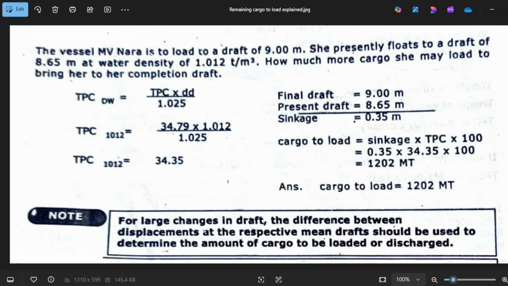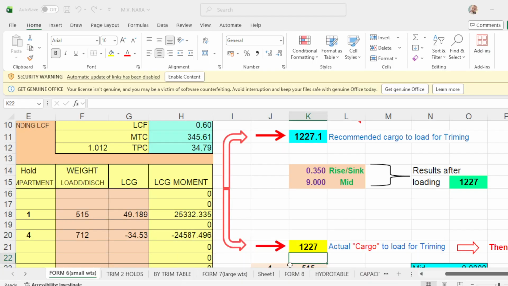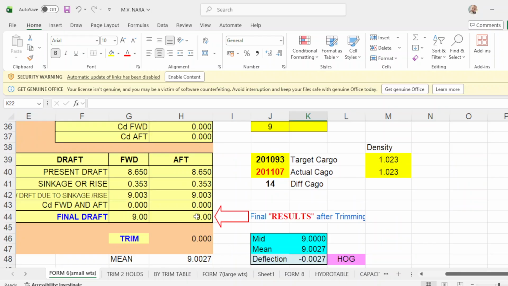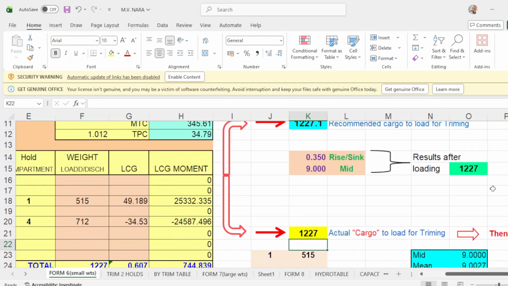I would prefer to use this 1,227 because you have 25 metric tons more with the same drop of 9 meters even keel. Okay? I hope that's clear. Now, it is for you to decide which one you would like to use.